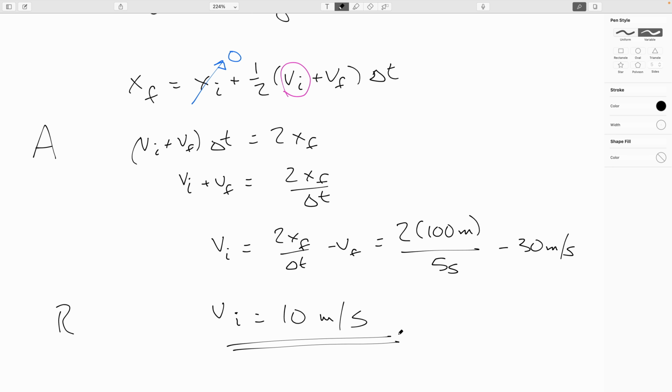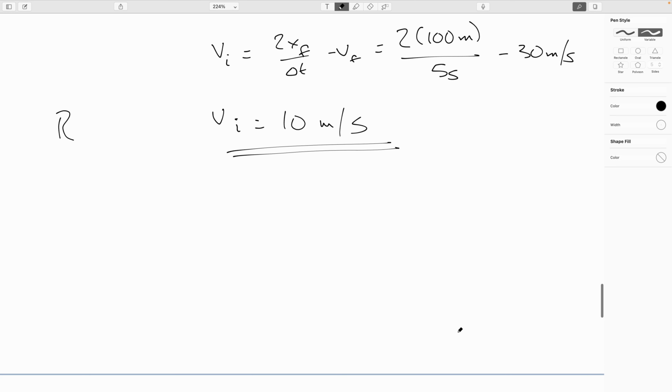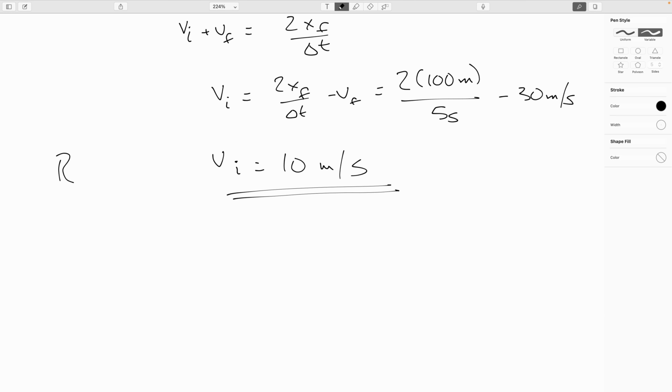So if a person can go 10 meters per second, it's certainly totally plausible that a car could go 10 meters per second. So we feel pretty good about this answer. Again, it's not a guarantee that we're right, but if I had solved this and got 1 billion meters per second or something like that, then I would definitely be going back and triple checking my work.